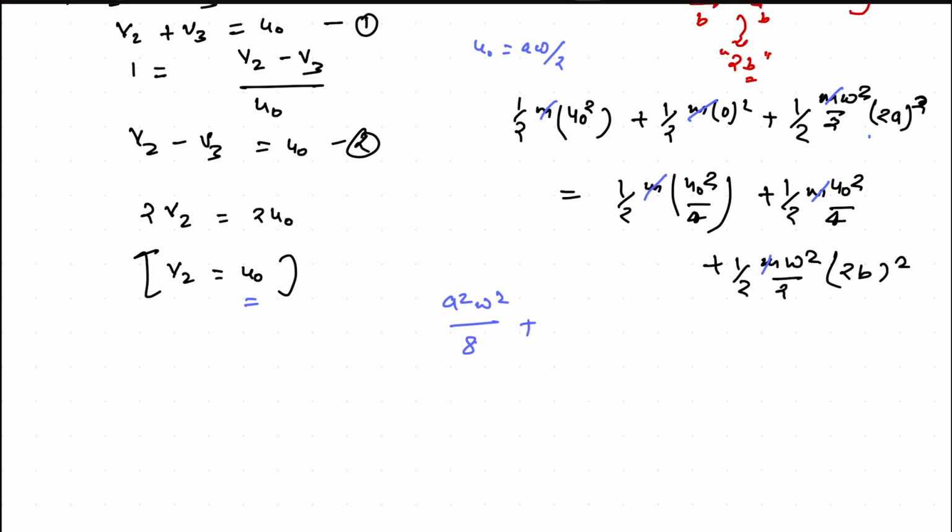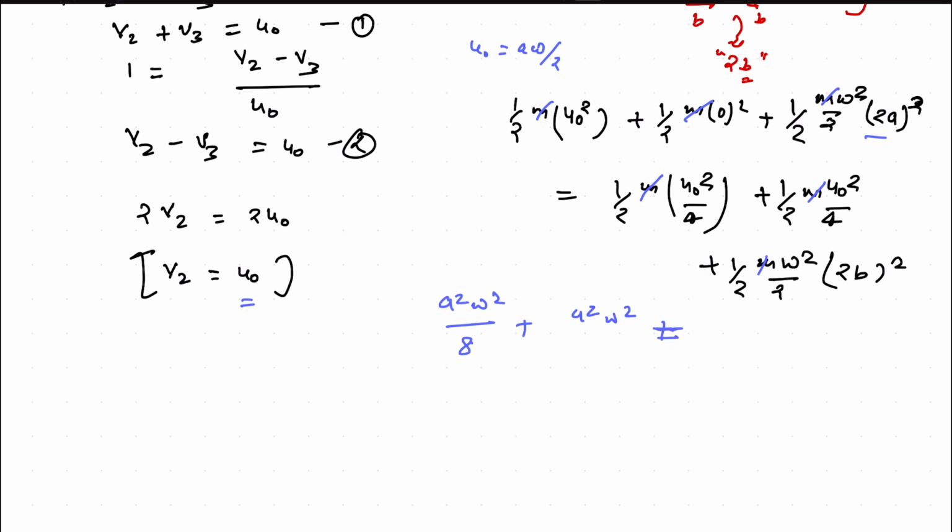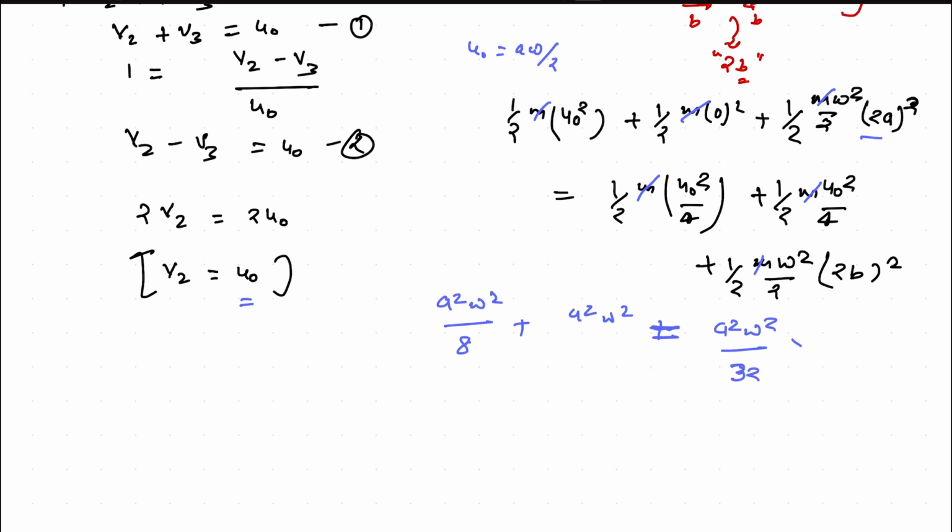Then here it is a square omega square, and that value is 4 divided by 4. 4 divided by 4 is just 1, is equal to u naught, which is a omega divided by 2. So a square omega square divided by, this is 4 multiplied by 2 multiplied by 4, so 16, 32. So this is 32. This will be the same kind of term, that's why 2. Okay, and then we have plus 4 b square omega square divided by 4.